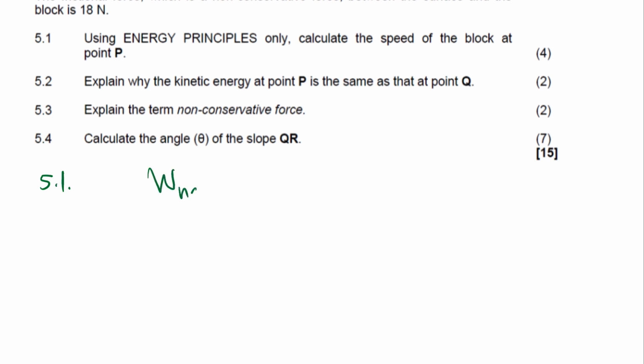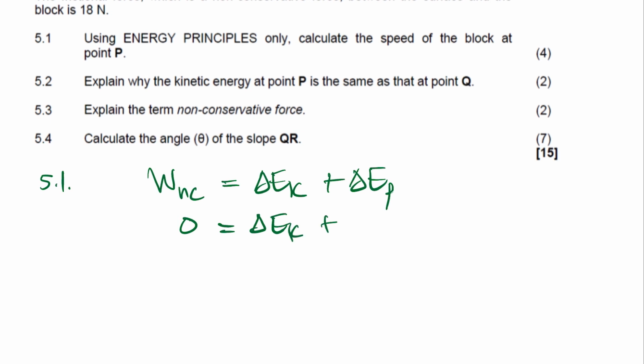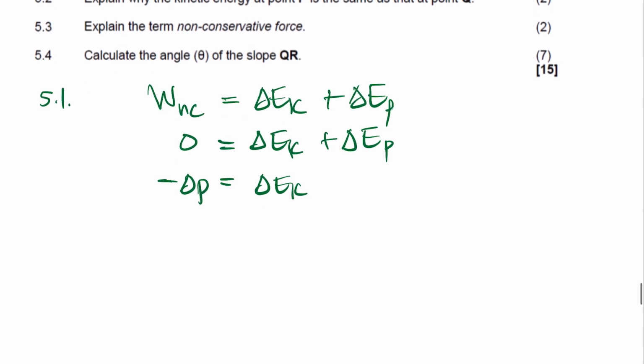So 5.1, guys, instead of using the conservation of mechanical energy, you can use this formula. Work done by non-conservative force is equal to change in EK plus change in EP. But what is the difference there? The work done by non-conservative force is 0 because there's no non-conservative force. So you do that, and then it's going to be, for P, negative change in EP equals change in EK.